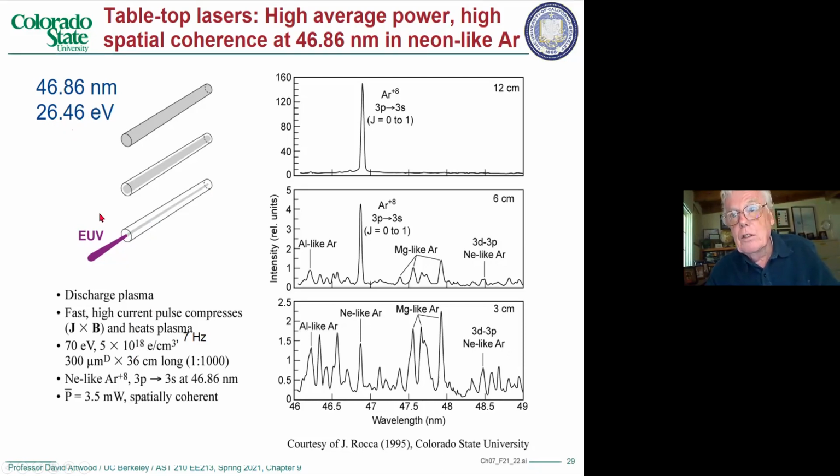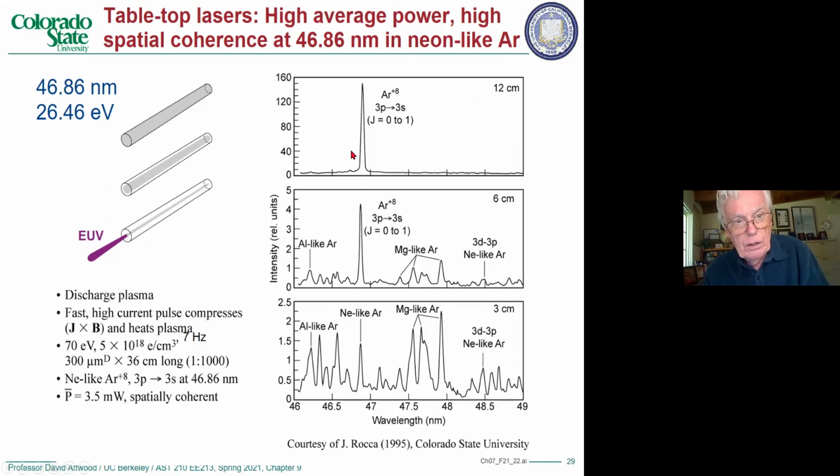Okay, and so this is showing what happens when you go from a plasma length of 3 centimeters to 6 and to 12. At the short length, the interesting line just is not standing out in any way, but with a long enough discharge tube, this gets up to really noticeable lasing.